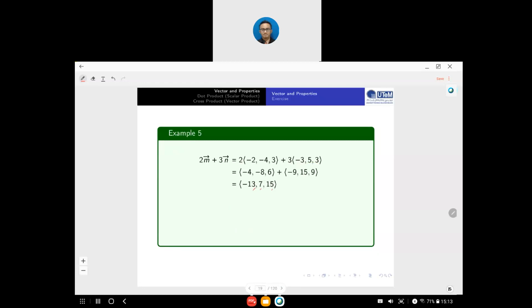So this is the vector 2m plus 3n. Now we want to find its magnitude, which is the square root of -13 squared plus 7 squared plus 15 squared. When you solve it, you get the square root of 443. So this is the magnitude.